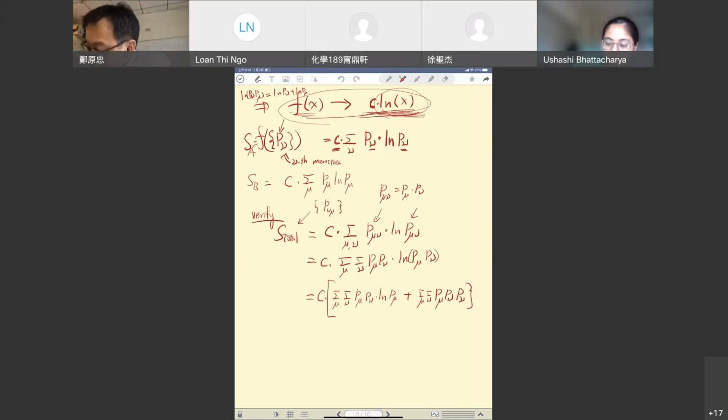And now this thing inside the natural log is independent of the other index. So the summation of P nu, which equals 1, can be pulled out. So this goes away. Then we have the summation over mu of P mu natural log P mu.